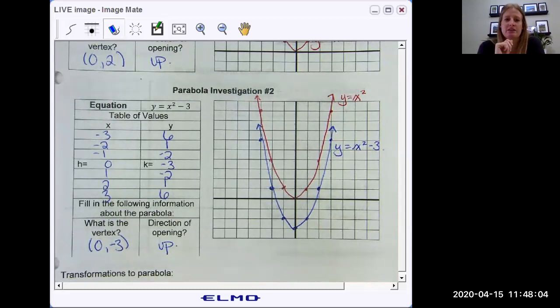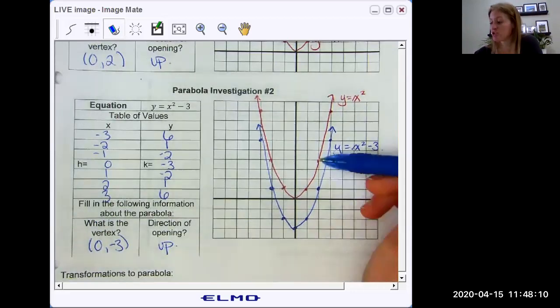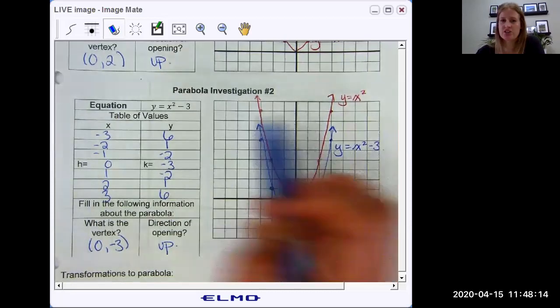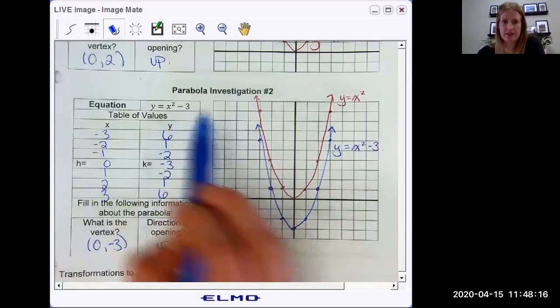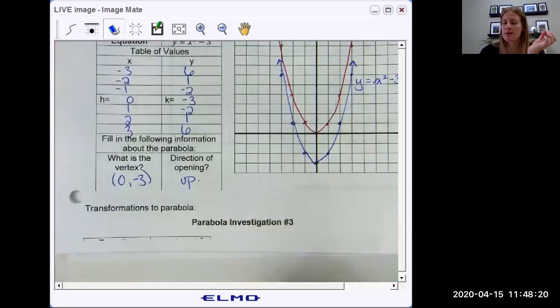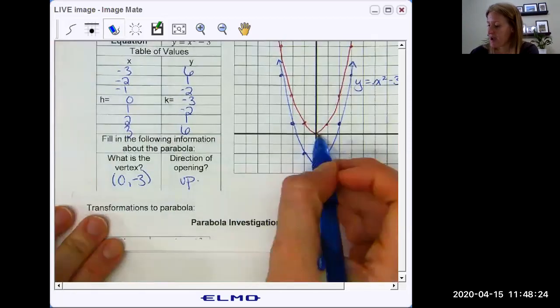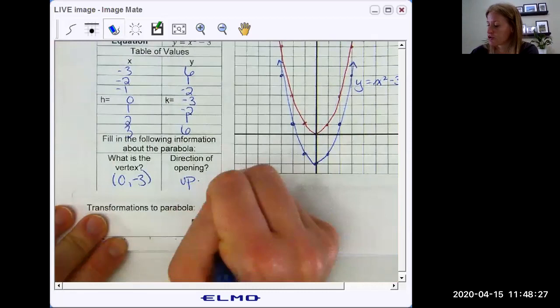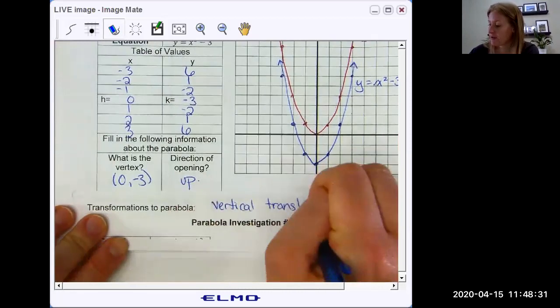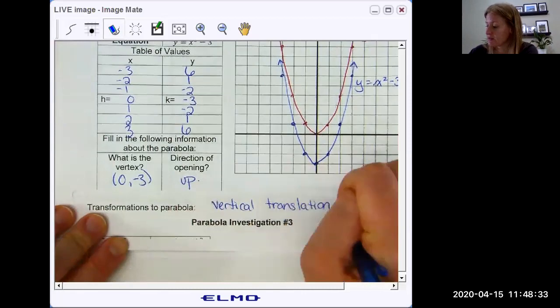Thank you, Kendra. Okay, Kendra, Anna, Morgan, you all got it right with the parabola being shifted down 3 units. Kendra pointed out, well, the K value in our equation is negative 3. And that's the connection. So when we say transformations to parabola, we're going to use a couple key terminologies. So all that's happened here is we have a vertical translation. We're going to use the word translation 3 units down.